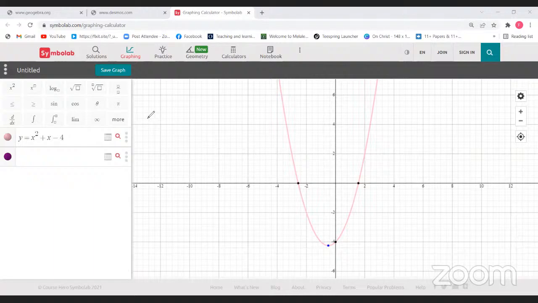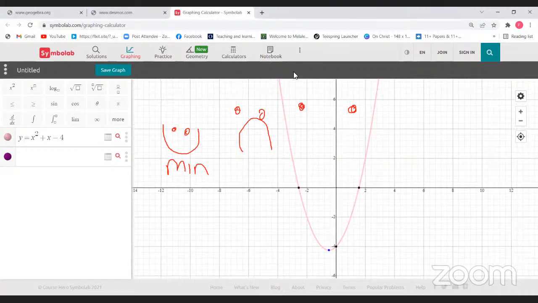Okay, so one thing you have established so far is that it's a minimum, because it's in the shape of a smile. When it looks like this, it's a minimum, smiling. When it looks the other way around, it's a maximum. It's a frown.